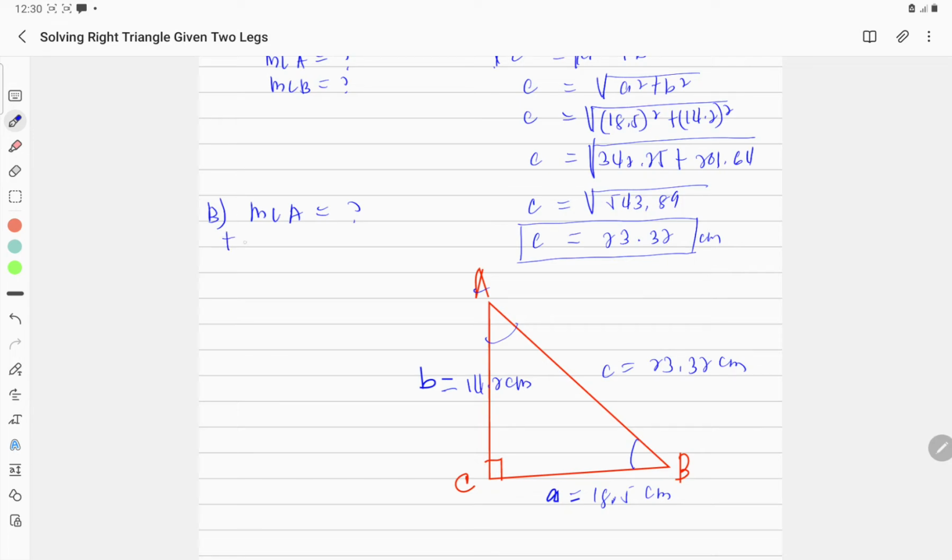Now taking the opposite and adjacent sides with respect to angle A, your line of sight is now at angle A. We'll be using tangent, opposite to adjacent.